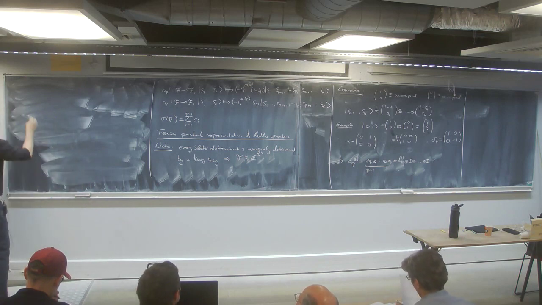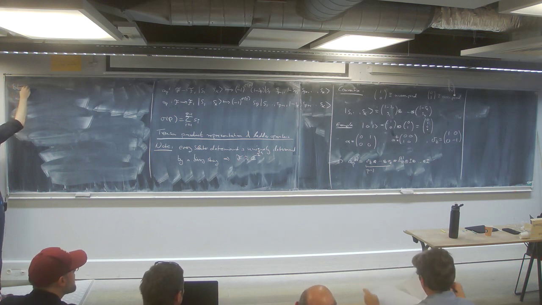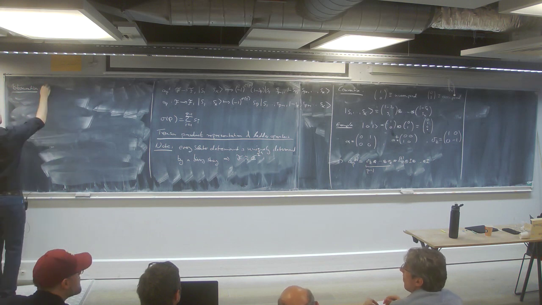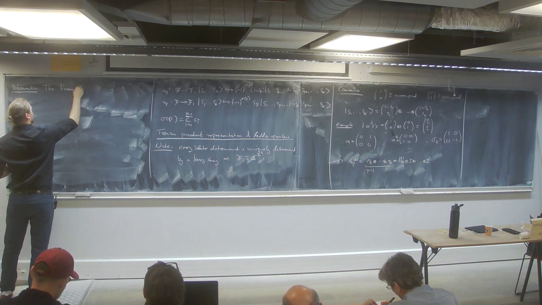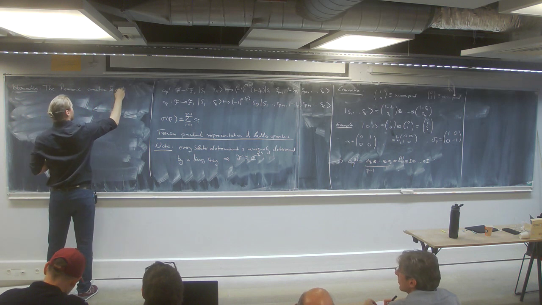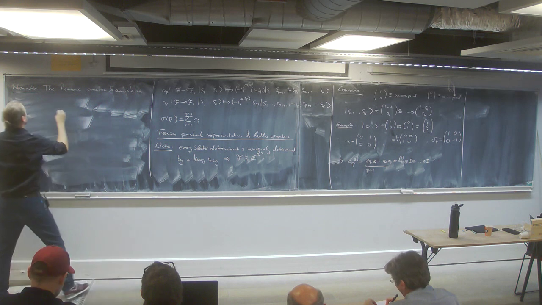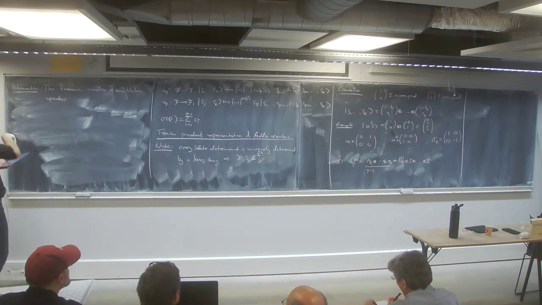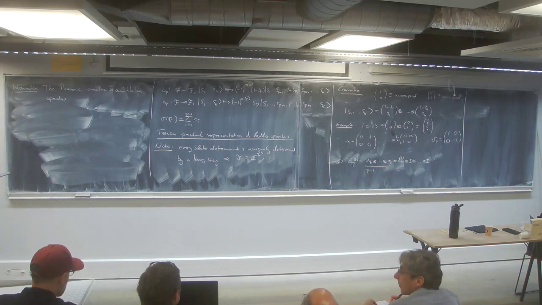Okay, so then you can formulate, well, first observation. The fermionic creation and annihilation operators fulfill the canonical anti-commutation relations.